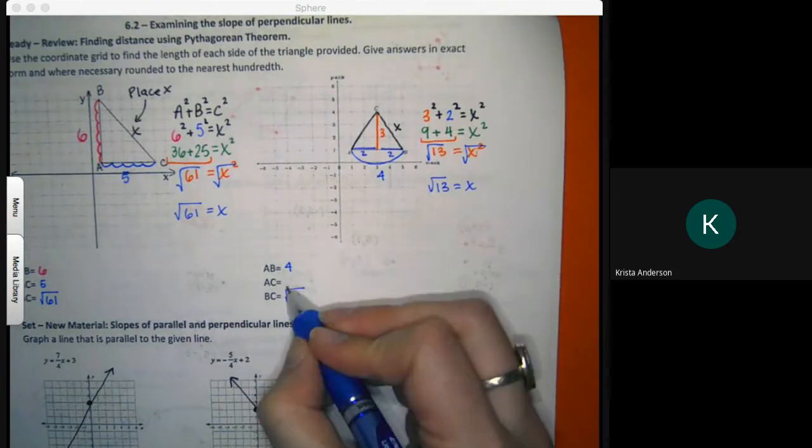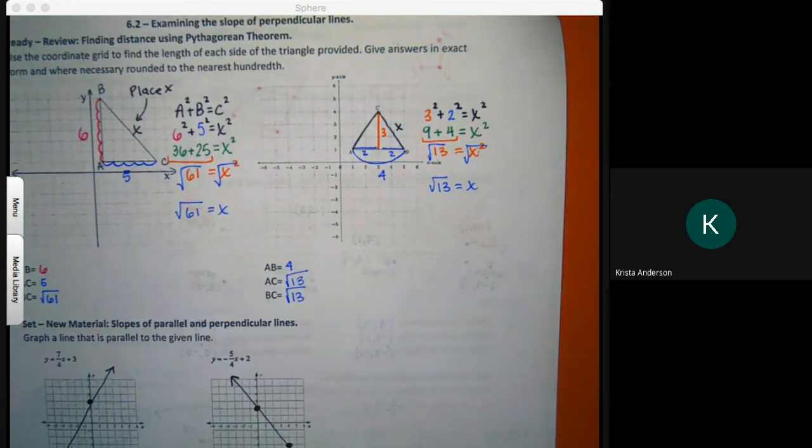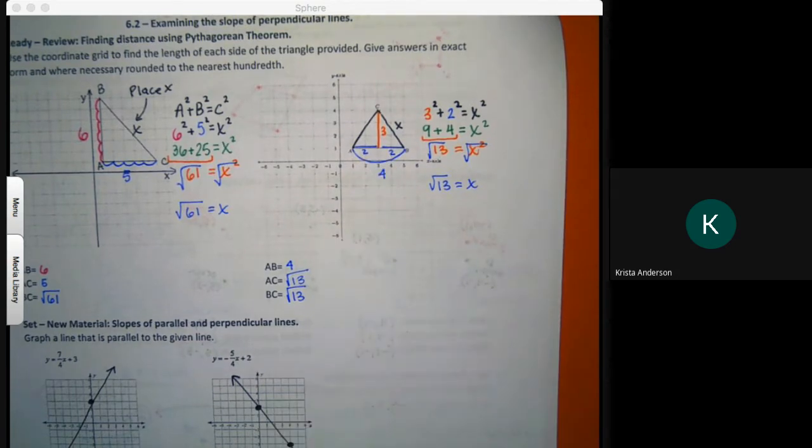So I would fill in root 13 for both. That one is a lot more difficult because you have to build your own line. Are there any questions?